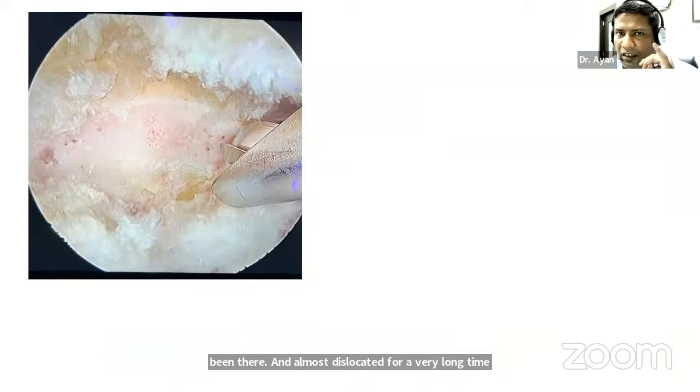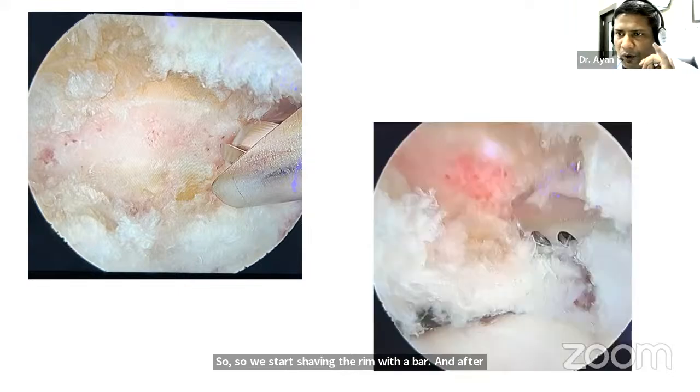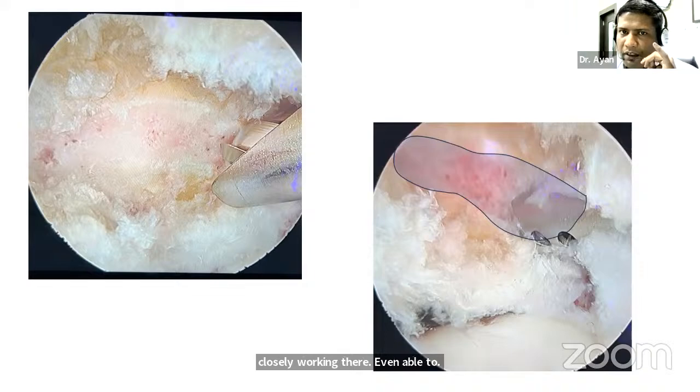So we start shaving the rim with a burr, and after closely working there, we were able to get a good almost 4 or 5 millimeters of the rim down, and then we assess the mobility, which by this time had improved. So we come in with our first anchor on the rim, making sure that we are not penetrating the joint.